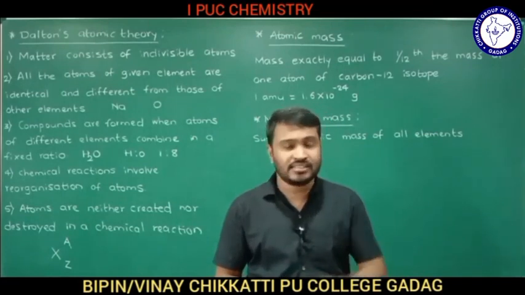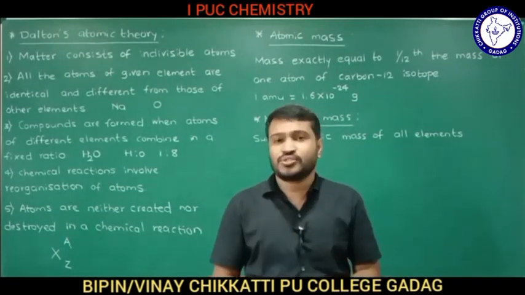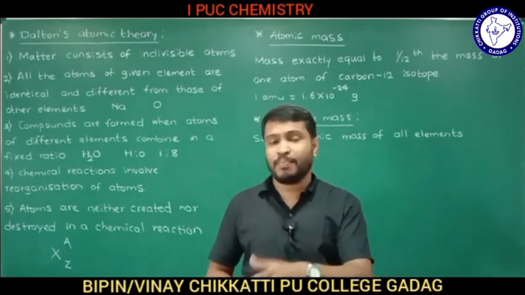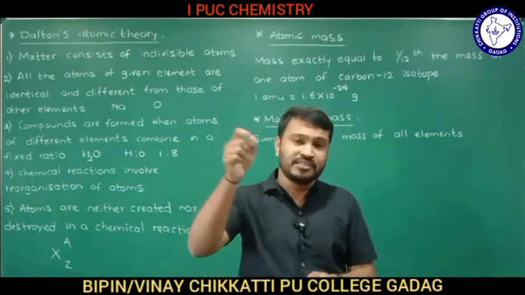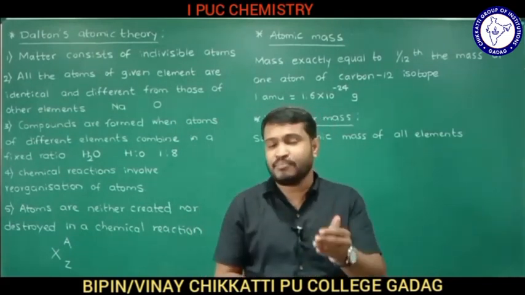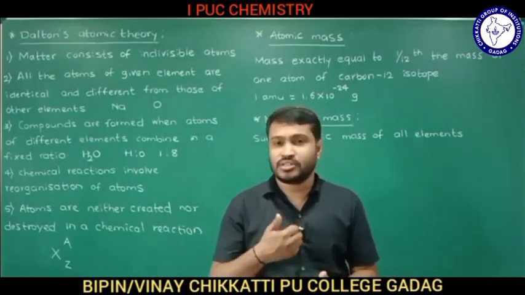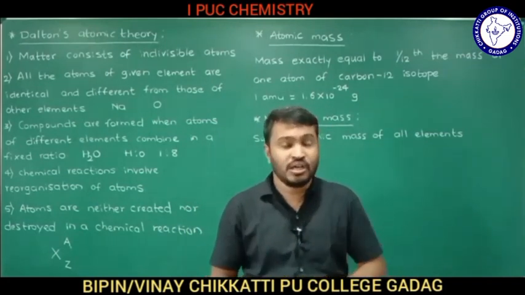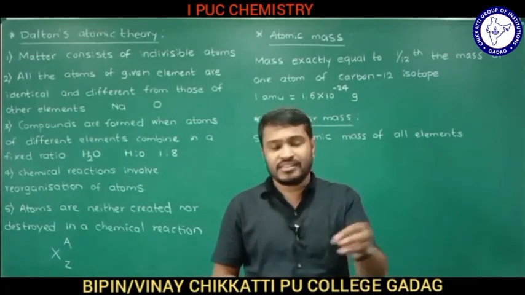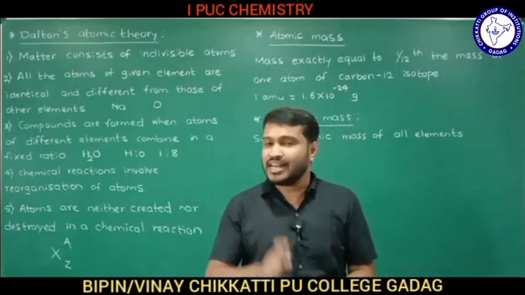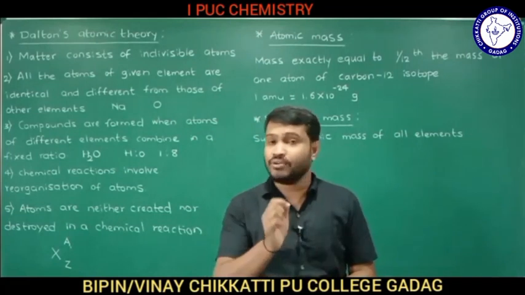Remember, an atom consists of 3 subatomic particles. The particles present inside the atom we call subatomic particles. There are 3, and I hope you know: protons, neutrons and electrons. Protons and neutrons are present inside the nucleus of the atom, whereas electrons revolve around it.